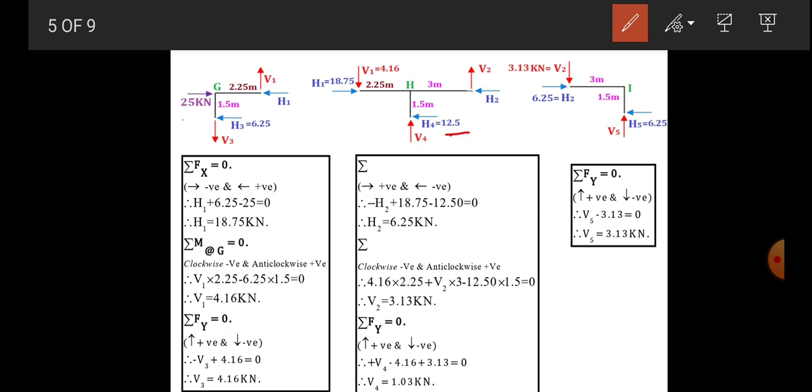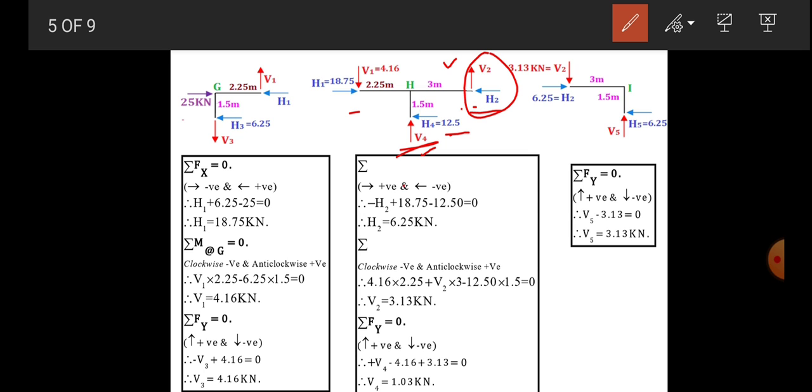At this joint, H4 we know, which is acting toward the left side, as we assumed earlier, at 12.5 kilonewton, and let's consider there is a V4 acting toward the member. Then for this joint, let's consider H2 acting toward the joint, and V2 acting in upward direction. These are the unknowns.